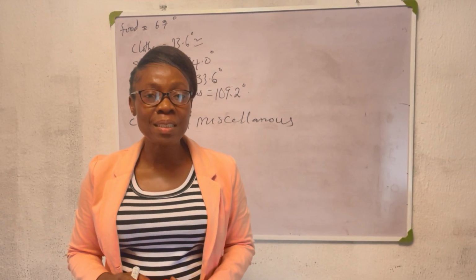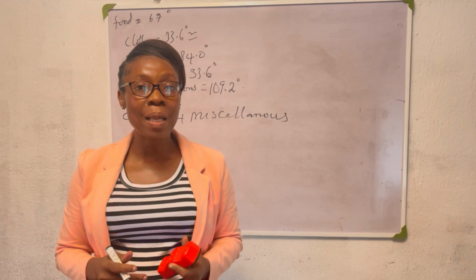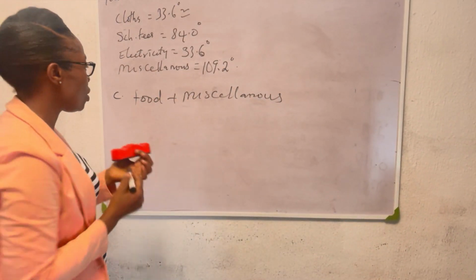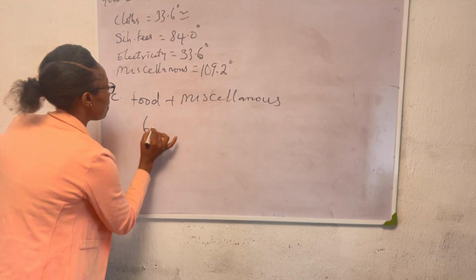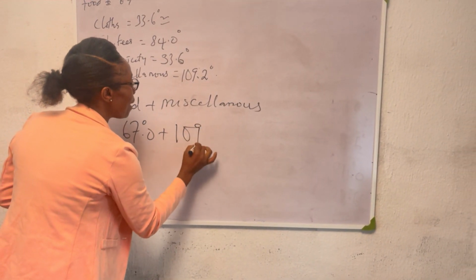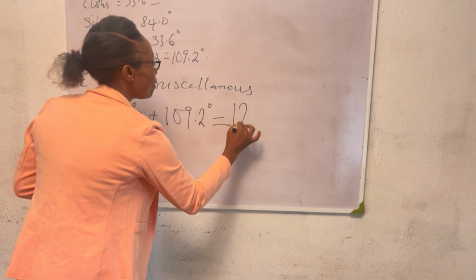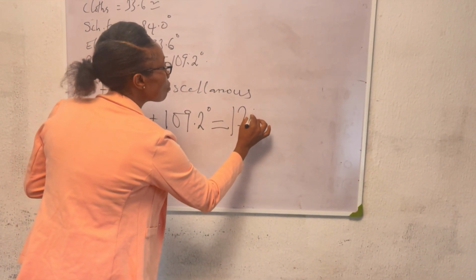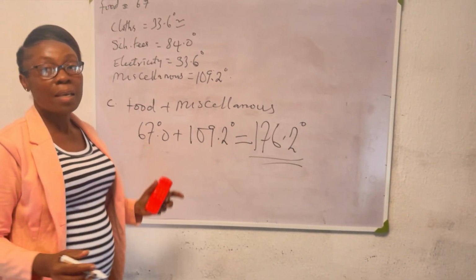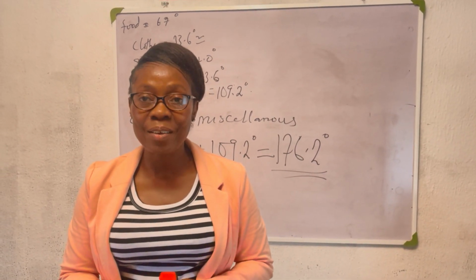Food is represented by 67 degrees, while miscellaneous is represented by 109.2 degrees. Just get the sum. 67 degrees plus 109.2 degrees will give you 176.2 degrees. This is the angle representing food and miscellaneous.